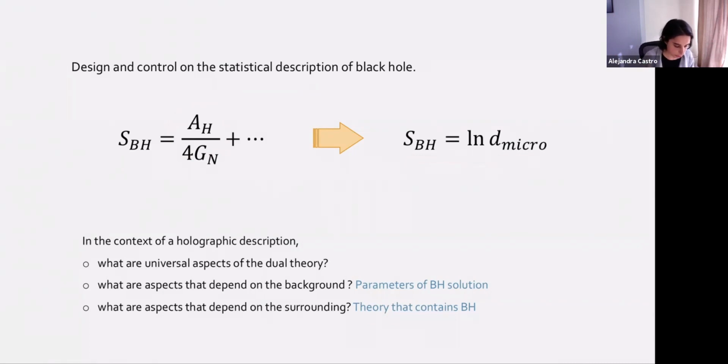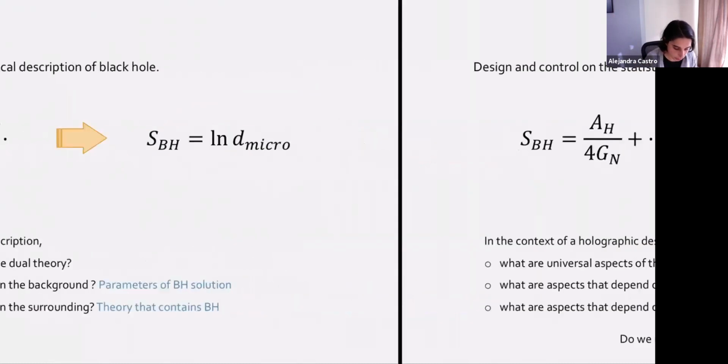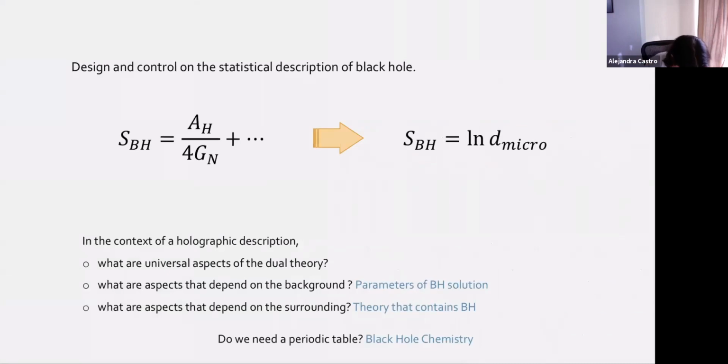The way that we're going to try to understand the answers to these questions is basically using, last thing. So from this point of view, having all what I hope to convey as I describe aspects of backgrounds and surroundings, in some sense, what I'm aiming for here in building the statistical models, I'm trying to understand, do we really need a periodic table for black holes?